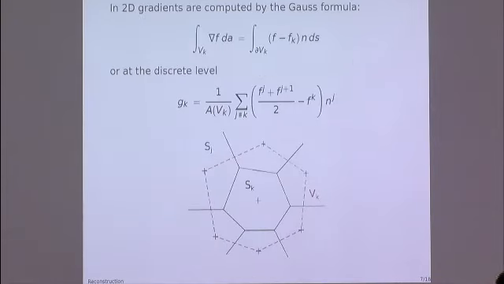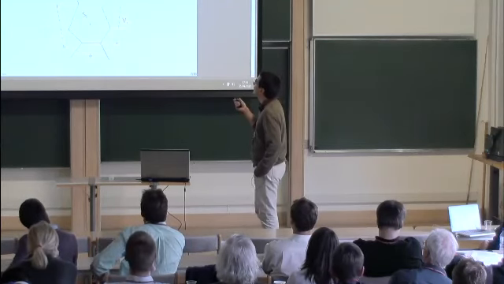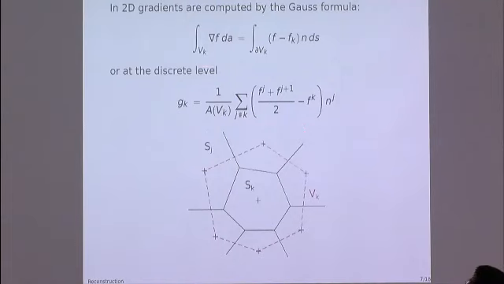In 2D it's also very simple, because you have this nice Gauss formula which expresses the gradient with the values of the function on the neighboring elements, and you've got a direct discretization of this. On the cell K, you can express the gradient as a sum over all elements neighboring K.